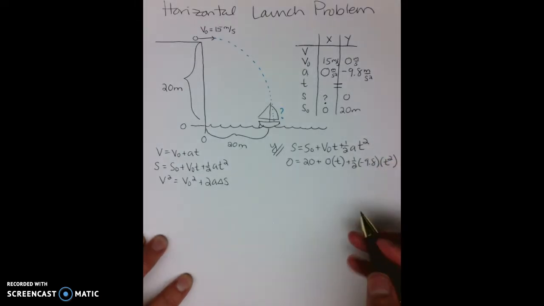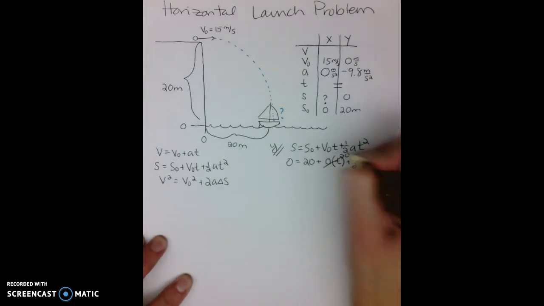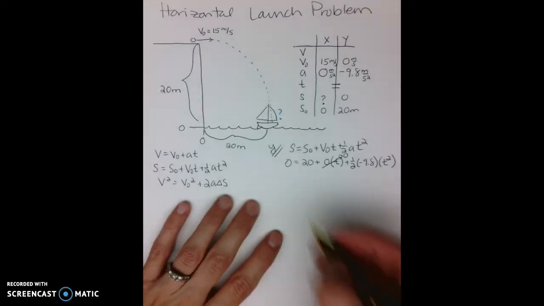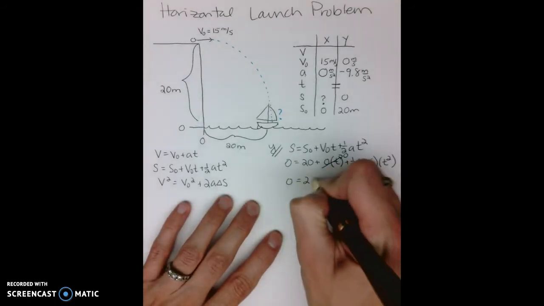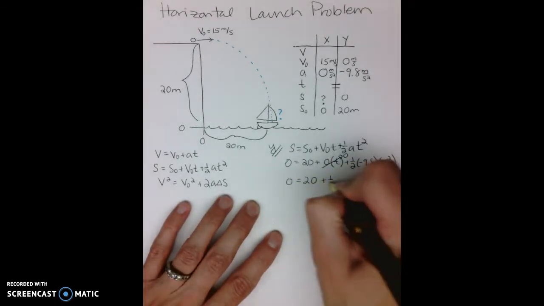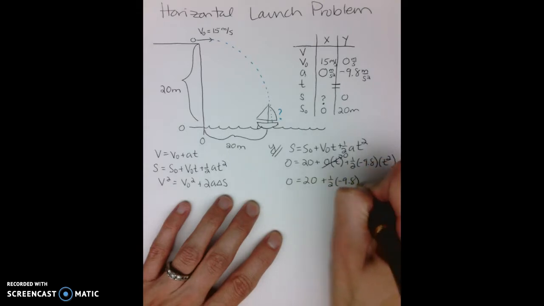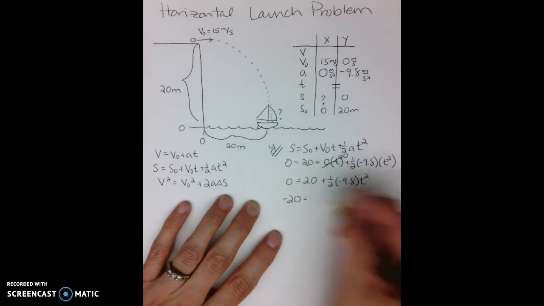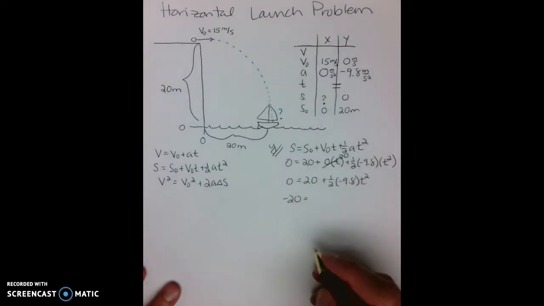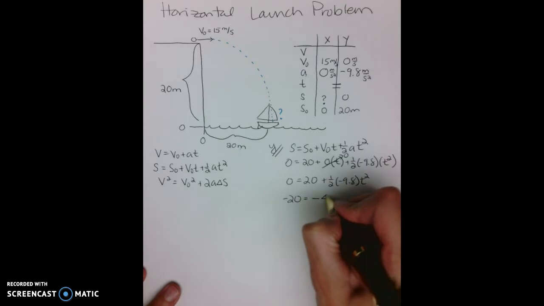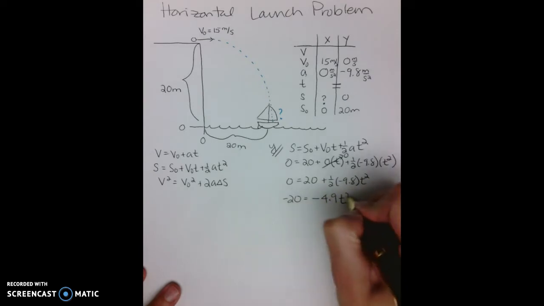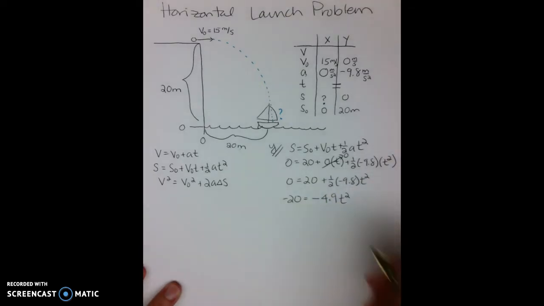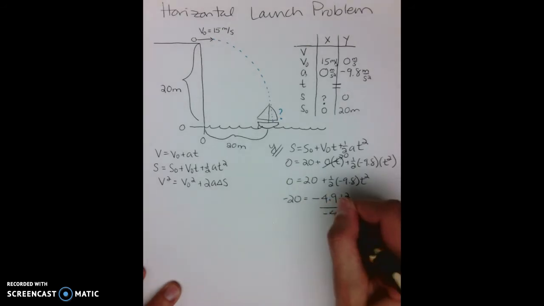Okay. 0 times t is 0, so that goes away. And I'm left with 0 is equal to 20 plus 1/2 negative 9.8 t squared. Okay. Subtract 20. And then I'm left with 1/2 times negative 9.8 is negative 4.9 t squared. Divide by negative 4.9.